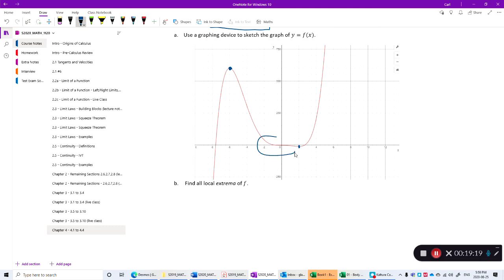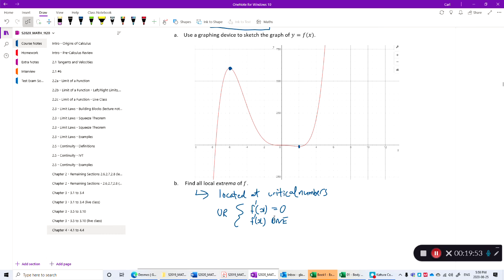Maybe in here somewhere. Is there anything else in here? Okay, we're going to find all local extrema. So those local extrema are located at critical points, critical values. The book calls them critical numbers, but I always say critical values. So that's places where the derivative is 0 or the derivative does not exist. Those are the two places to look.